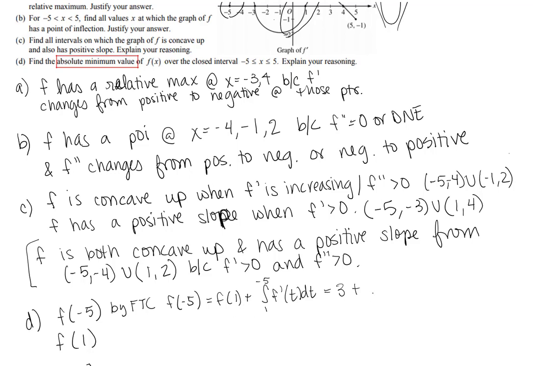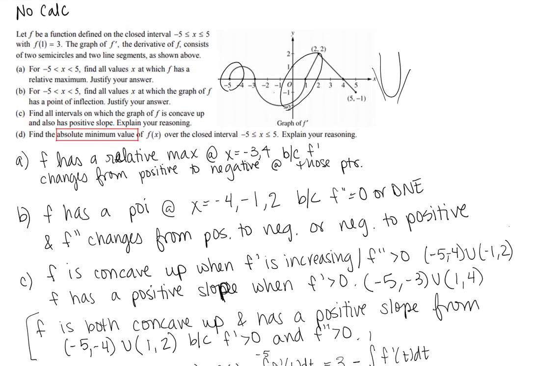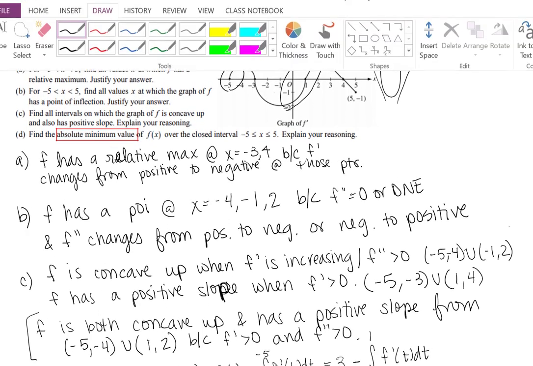So it's going to actually be minus the integral from -5 to 1 of f prime of t dt, and I can get a value for this because I'm really just looking at the area from -5 to +1. So let's get rid of all this work that we did earlier.